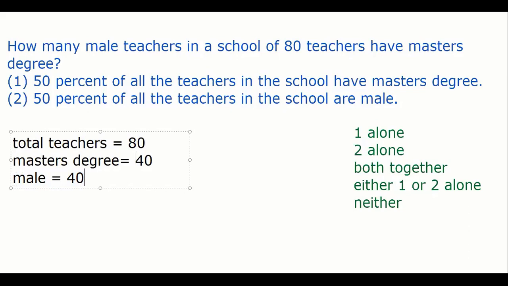Out of 80, 40 are male. Now, from these three pieces of information, when you combine 1 and 2, can we answer out of 80 teachers, how many males are there who have masters? We cannot. Because we know out of 80, 40 have masters. We know out of 80, 40 are male. But how do we know out of 40, how many males have masters?